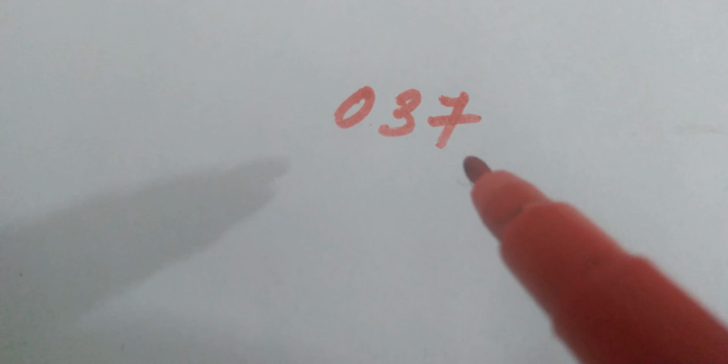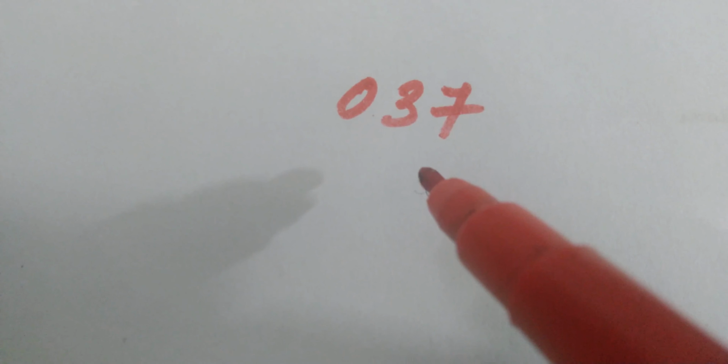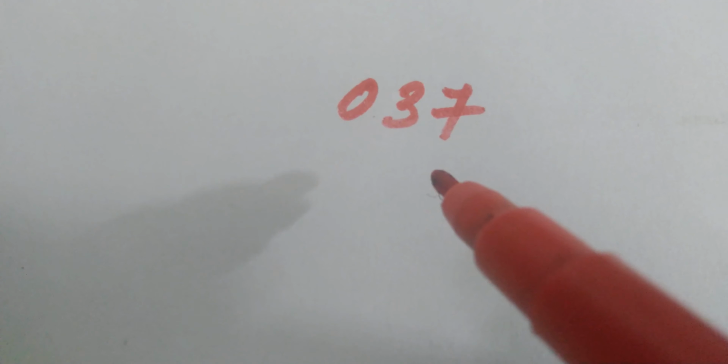And octal constants refer to a combination of digits from 0 to 7 with a leading 0. So the combination of digits from 0 to 7 with a leading 0 is known as an octal constant.